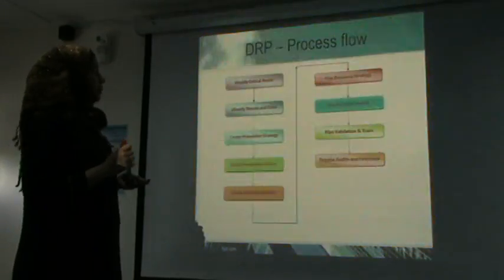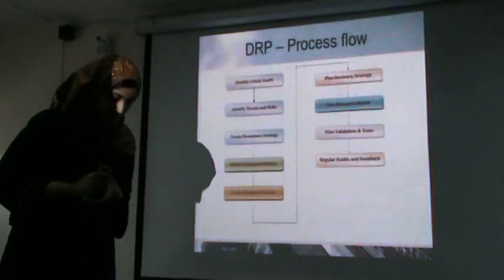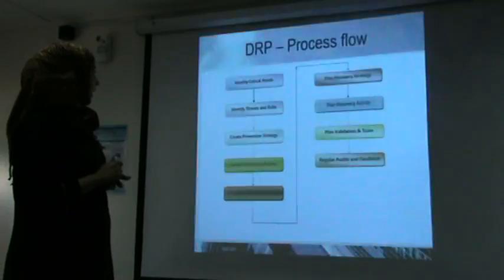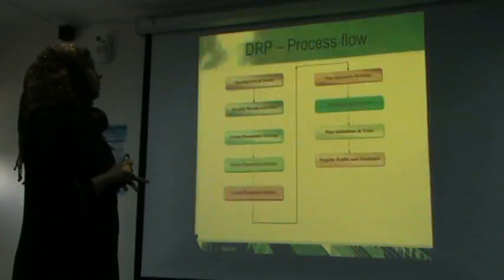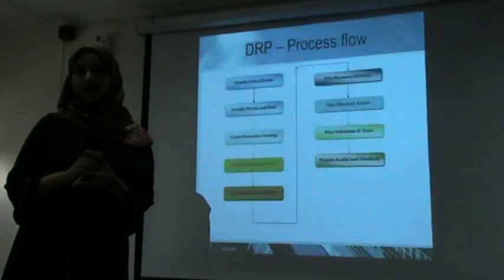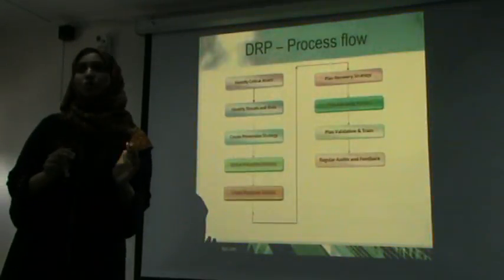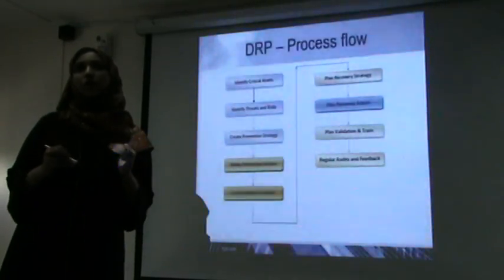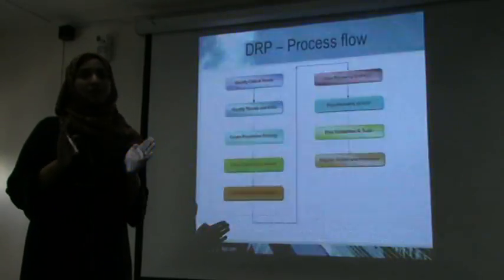Now, this is the DRP process flow, which is a 9-step process. In the DRP process flow, the first step is to identify the critical assets. In a company, it's very important that we identify what our critical assets are before we devise a DRP.